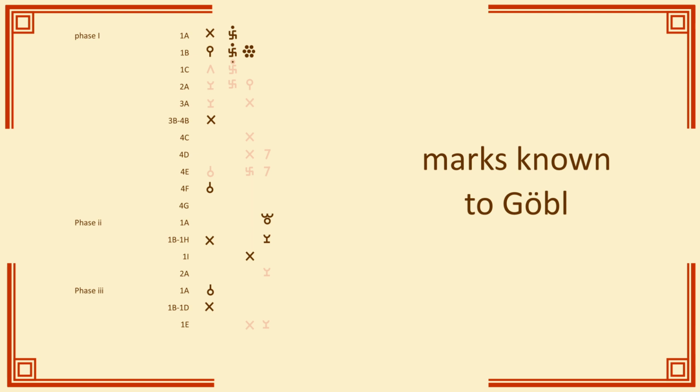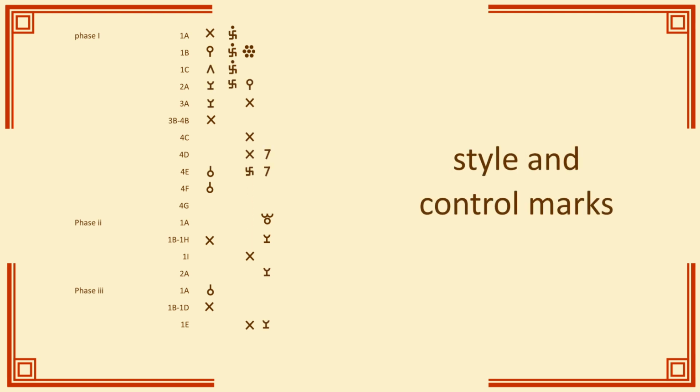With that limited sample, I'm not sure there was an alternative to using the control marks the way Gobl did. I don't think there was enough data to do it stylistically. But once you start to integrate the new combination of control marks, it would be very difficult to make sense of them, and you would be obligated then to follow the approach that Cribb did and find another criteria, in this case a stylistic one.